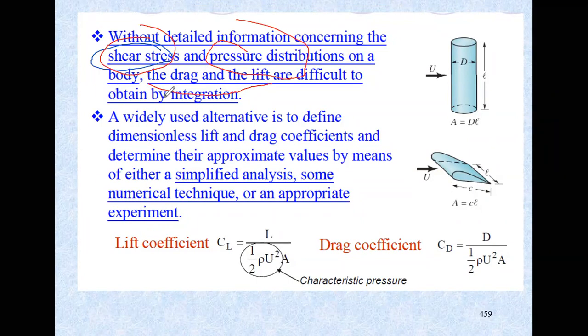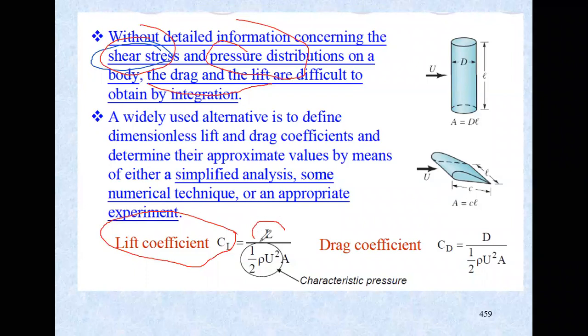And then to simplify that, to have it more applicable, we introduce a coefficient, because it's easier to measure the force directly than to measure the pressure or the shear stress distribution. We just measure the force. For example, if we put a load over here, then that will represent the lift.